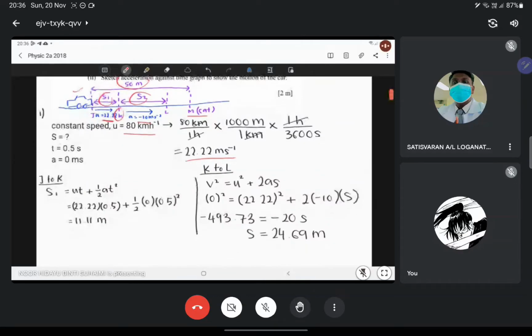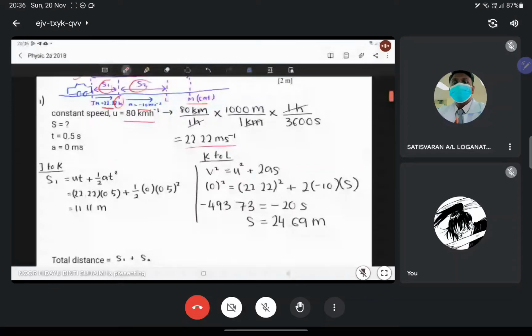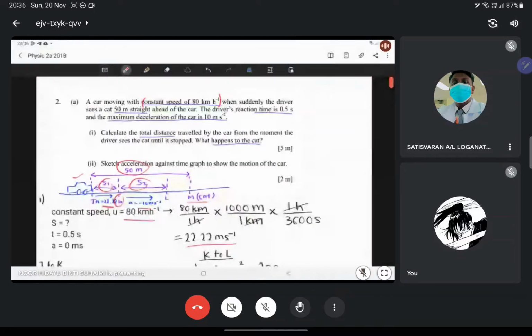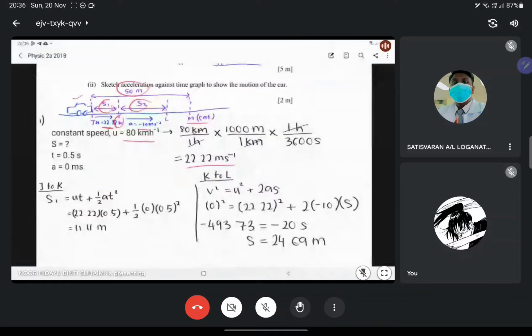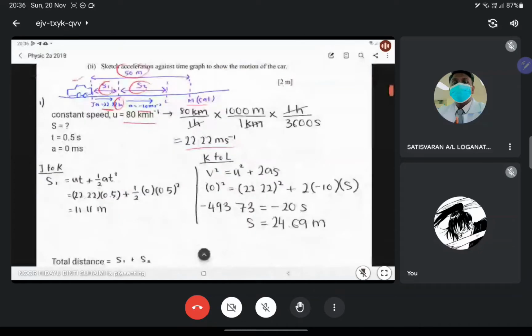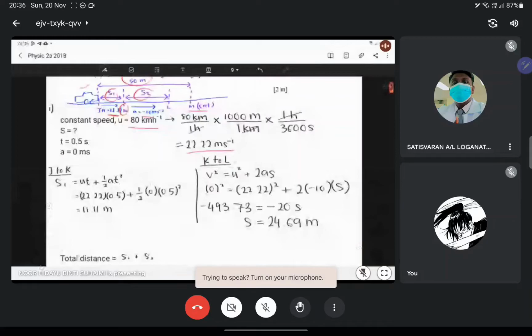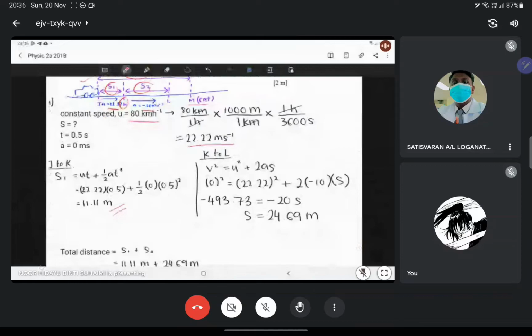Dan masukkan dalam formula, substitute semua, 22.22 darab 0.5 tambah 1/2. Okay, acceleration dia kosong sebab kat sini dia kata constant speed. So dia tak ada acceleration, dan time dia 0.5 squared. So dapat 11.11 meter.